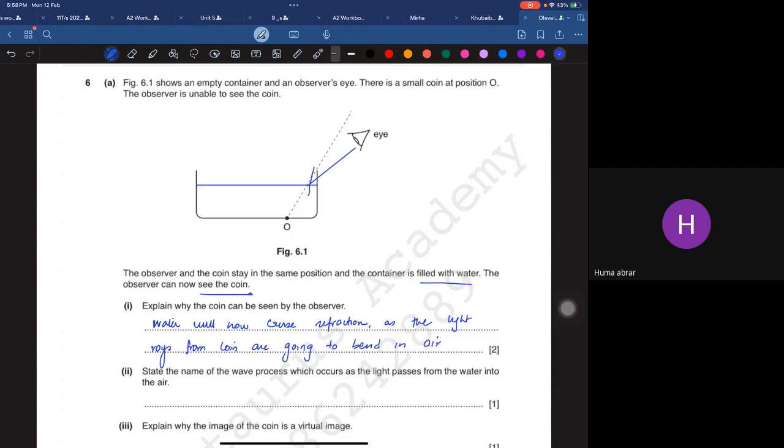Is that clear, kids? So they have basically asked you the process. This is refraction. So you can write.